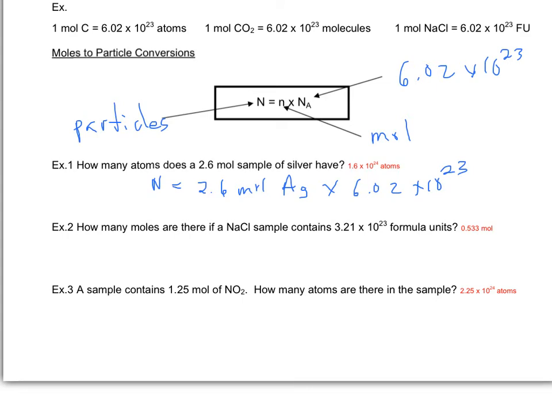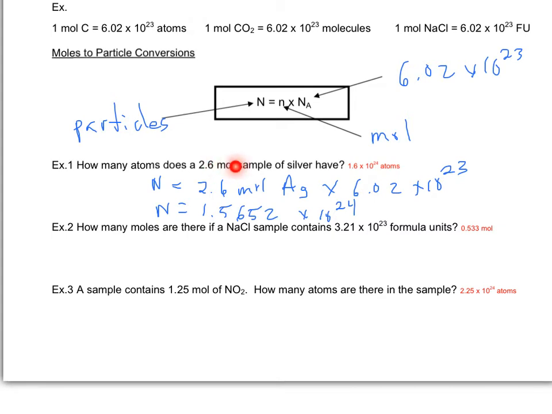When I plug this into my calculator, it gives me a lot of digits in my answer. I'll just write down the first 5. It gives me the answer of 1.5652 times 10 to the 24. Now looking at that number, I need to round it following my sig-dig rules.